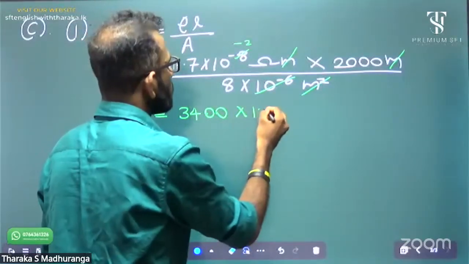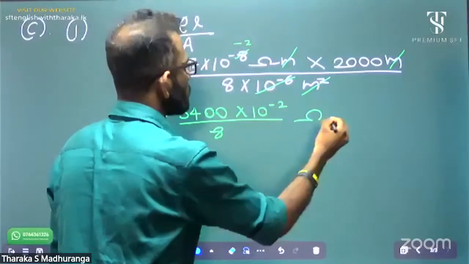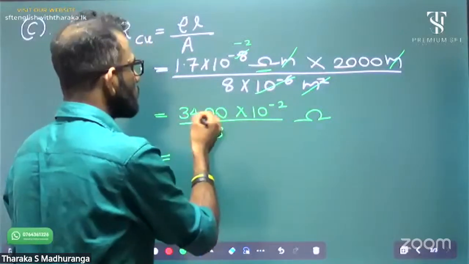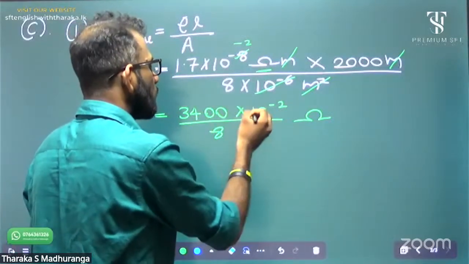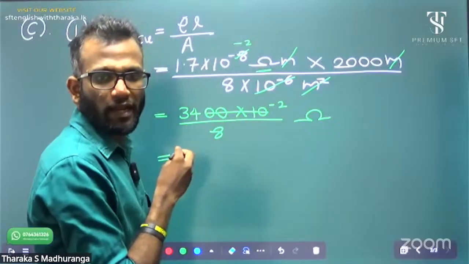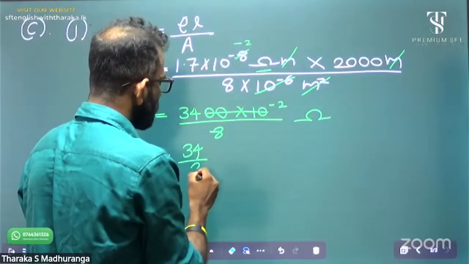Into 10 to the power minus 2 over 8 is the answer, in ohms. Now 34 over 8, with 10 to the power minus 2, and the 20 cancels out. 34 over 8 is the answer.